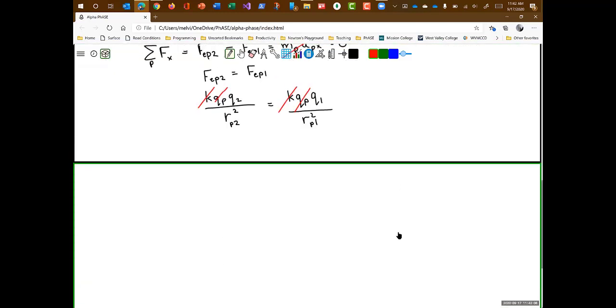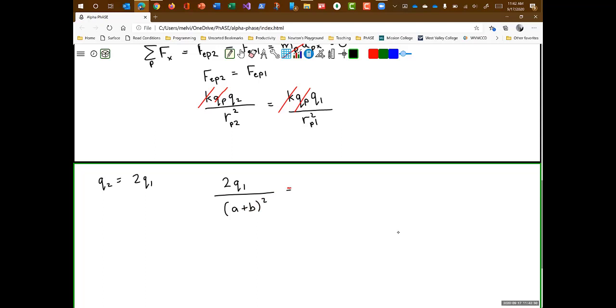We earlier said that the magnitude of Q2 is equal to twice the magnitude of Q1. So on the left side, Q2 is equal to 2Q1 over (A plus B) quantity squared, as the distance between the proton and charge 2.